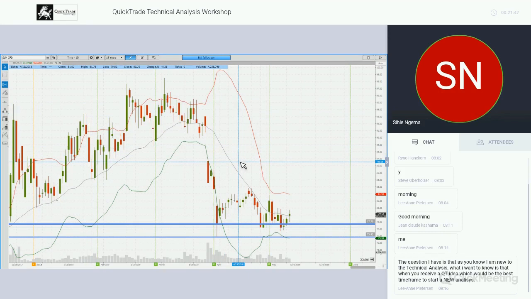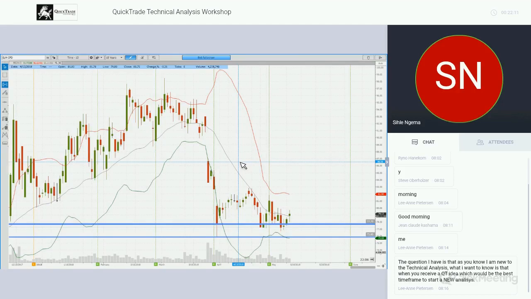This moving average tracks the trend of the share over a period of 20 days. So I'm supposed to be looking at over a period of 20 days, what is the actual movement or what is the trend of a share? Is the trend of a share coming down or is the trend of a share actually going up?